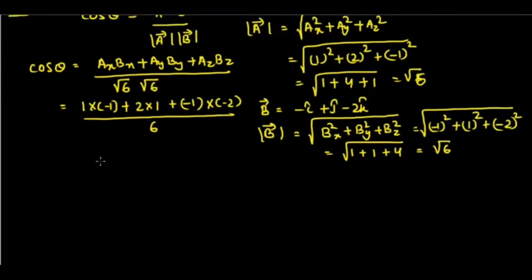So cos theta we get 1 into -1 is -1, plus 2 into 1 is 2, then -1 into -2 is also 2, divided by 6.